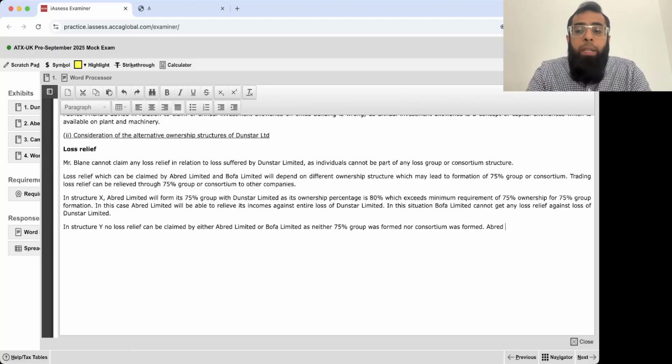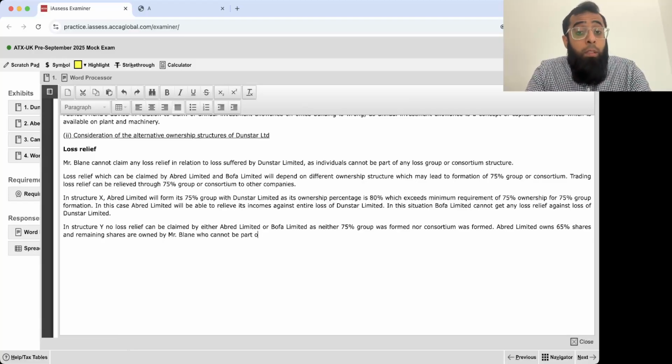Abrid Limited owns 65% of the shares and the remaining shares are owned by Mr. Blaine, who cannot be part of any loss group or consortium formation.